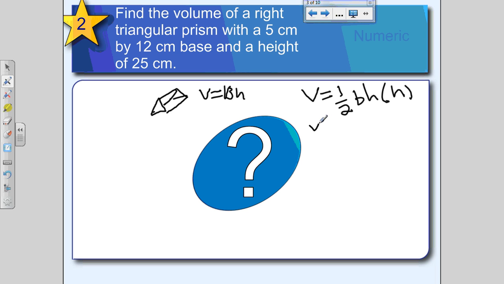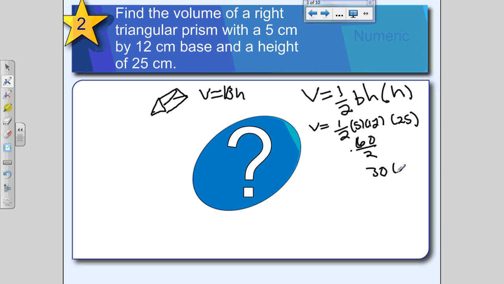So volume equals 1/2 times 5 times 12 times the height, which is 25. Let's do this first: 5 times 12 is 60. 60 divided by 2 is 30.